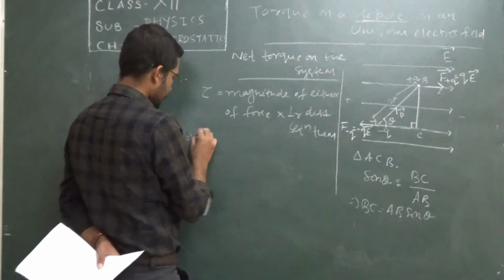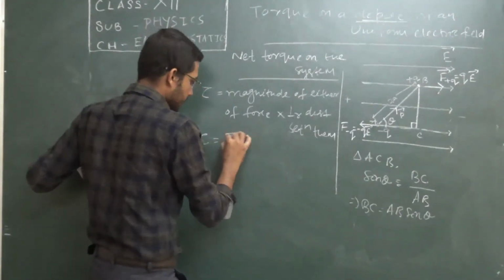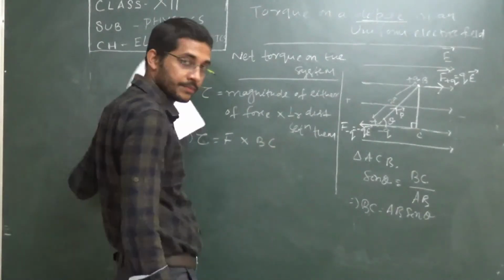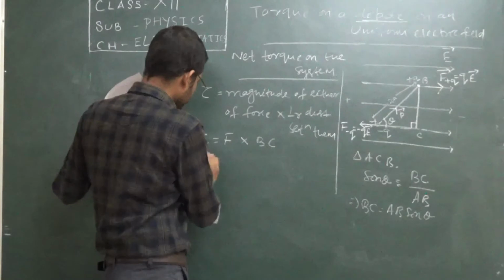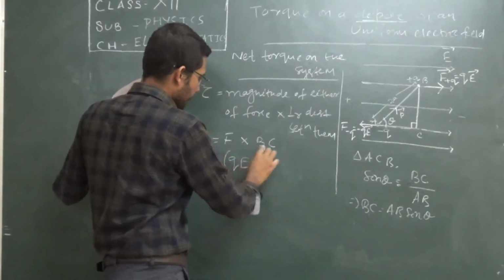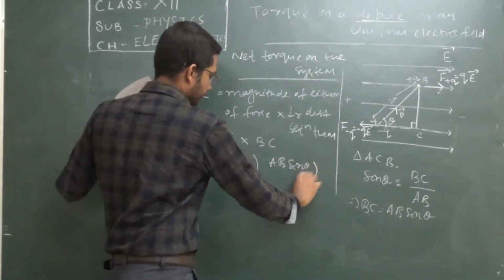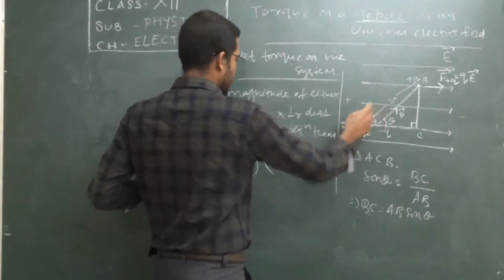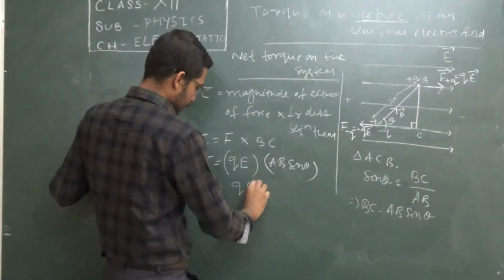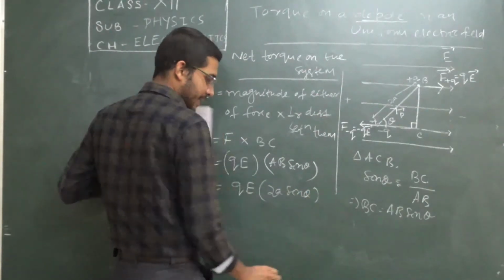We can write tau equals force multiplied by BC. Your force is QE multiplied by BC, which is AB sin theta. AB is 2A, which is the dipole length. So tau equals QE multiplied by 2A sin theta.